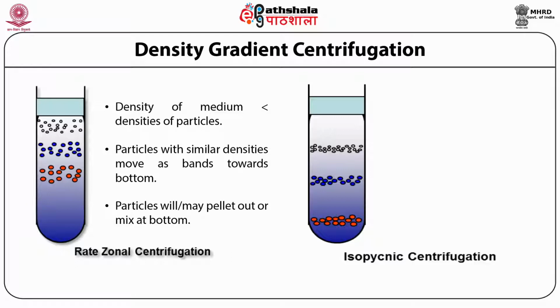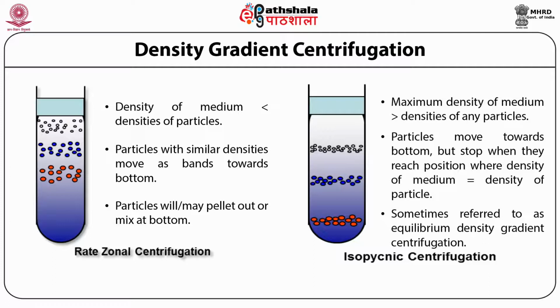You can see here particles of different density separated at different zones. In the case of isopycnic centrifugation, there is a density gradient from top to bottom, and once a molecule reaches a density similar to the medium, it settles there. Accordingly they fractionate into bands, and bands of different density are separated out.